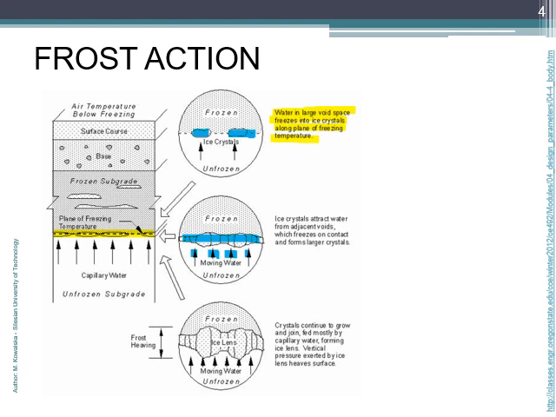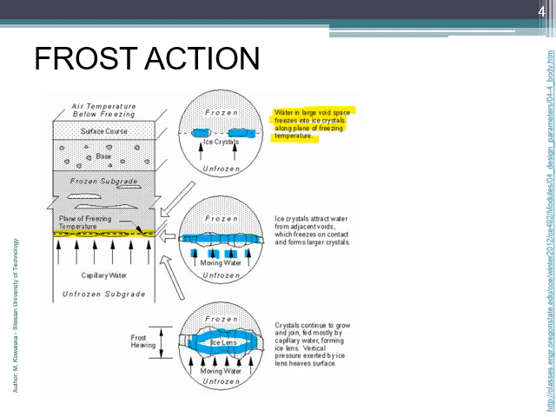And of course the crystals then continue to grow, as you can see, fed mostly by the capillary water, forming ice lens.